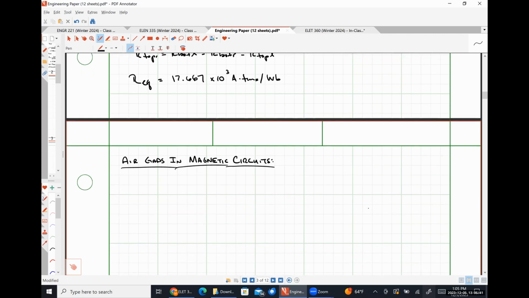So I'm going to draw a core structure here, and I'm going to draw it such that the air gap is very exaggeratedly large.